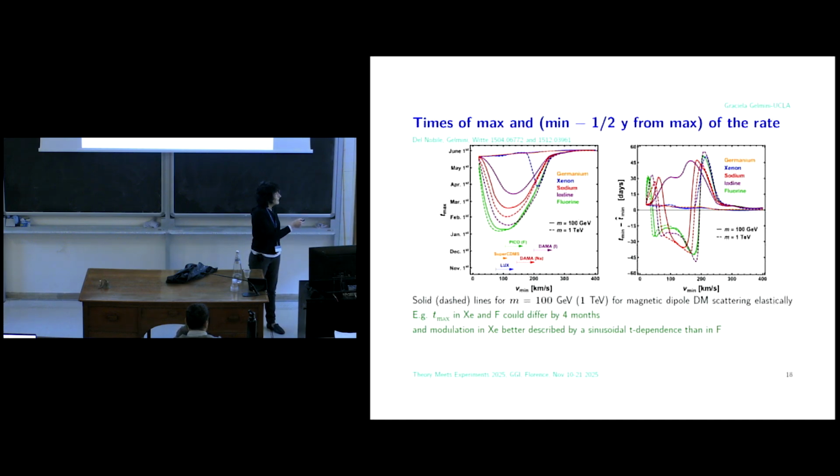And this is the time at which you will have the maximum of your rate. And you can see actually that they change quite a bit. So if you're measuring an annual modulation in xenon, an annual modulation in fluorine, and you see it completely different, it may indicate actually that something like this is at play. So you may not be entirely displeased to find that the actual annual modulations are entirely different. It will mean that you are discovering some property of the cross-section, really.